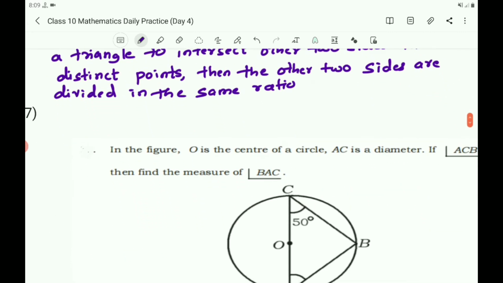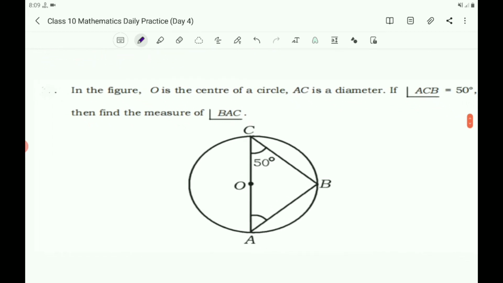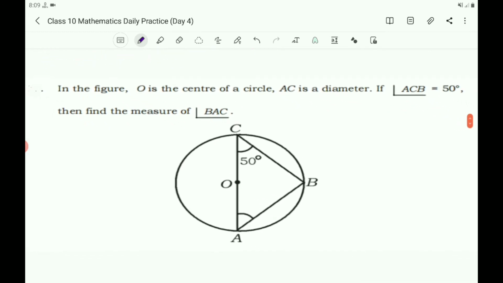Now you take the 7th question. In the figure, O is the center of a circle, AC is a diameter. If angle ACB equals 50 degree, then find the measure of angle BAC. Here what is given? It is a circle with center O. So AC is a diameter and angle ACB is given, that is 50 degree. Then what you have to find out?